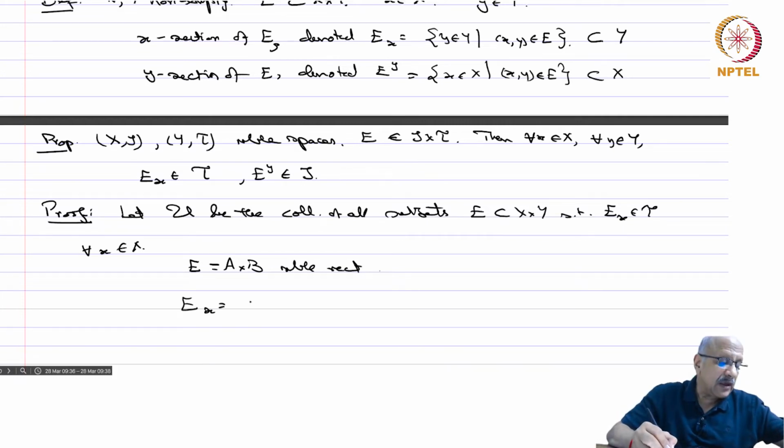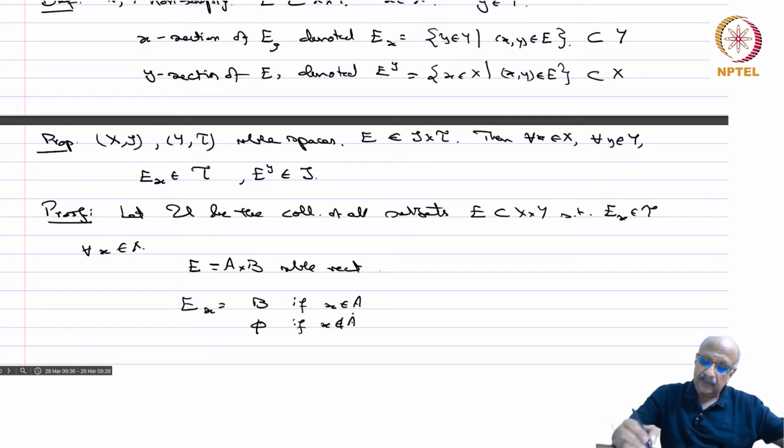E sub x is equal to B if x belongs to A, and will be the empty set if x is not in A. Because E is A cross B, if x is not in A, then for no y will (x, y) be in this set.